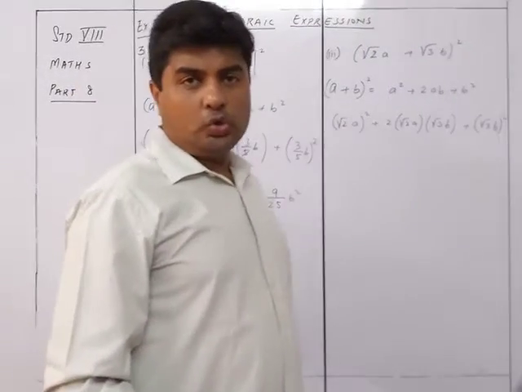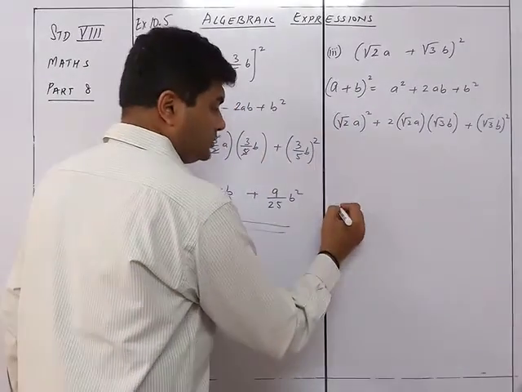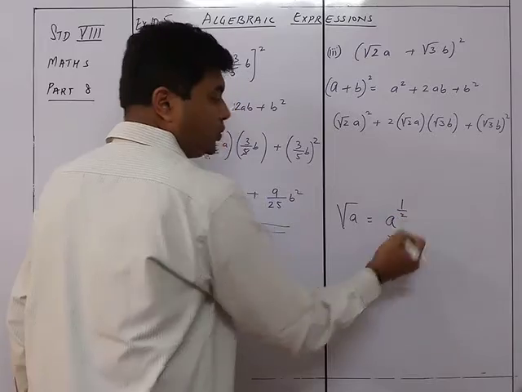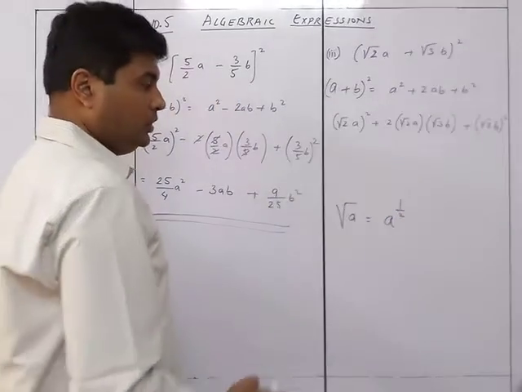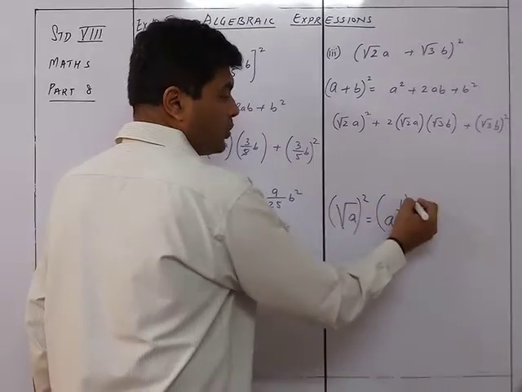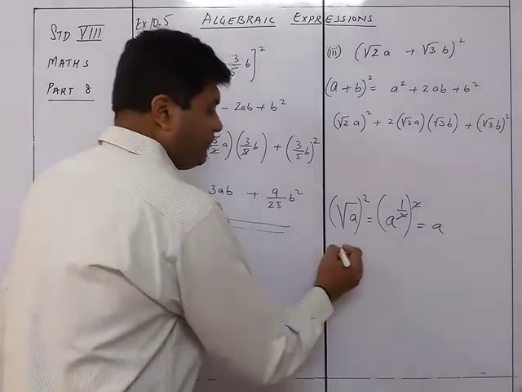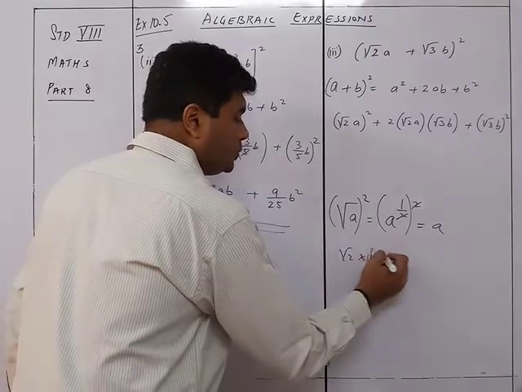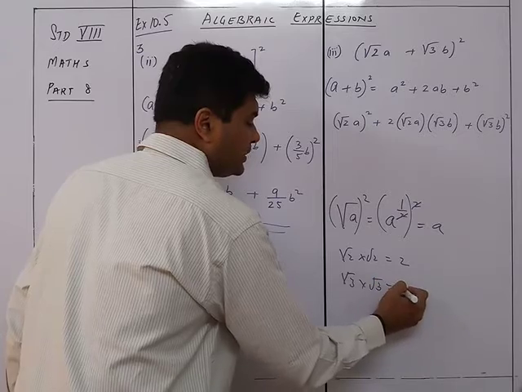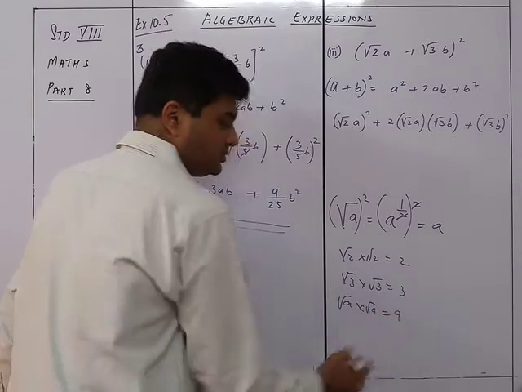Now root of a is nothing but a raised to 1 upon 2. So if I make this square, the 2 gets cancelled, so accordingly the answer will be a. Therefore root 2 into root 2 is equal to 2, root 3 into root 3 is equal to 3, so root a into root a is equal to a.